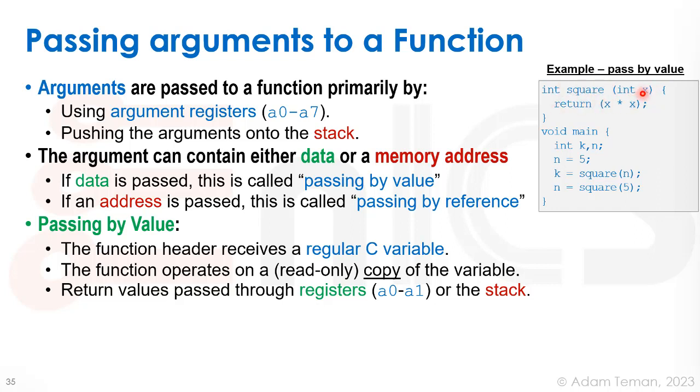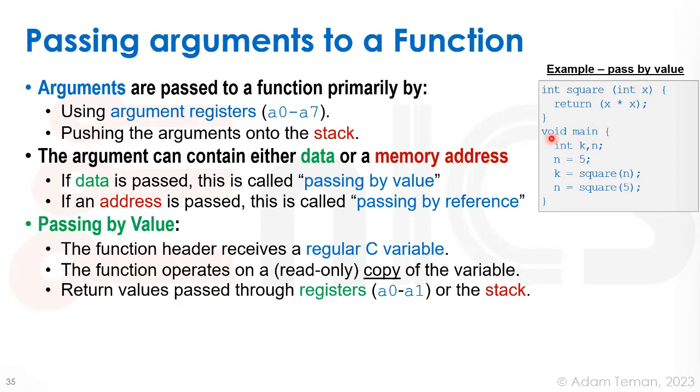It will work on a read-only copy, and it will not be able to change whatever we pass to that over here. We pass the return value through registers, usually A0 and A1. Those are the return registers that are defined by the ABI, or we can stick things on the stack. So let's see how this is going to work, passing by value. Again, our function header is going to have a standard variable, int x over here.